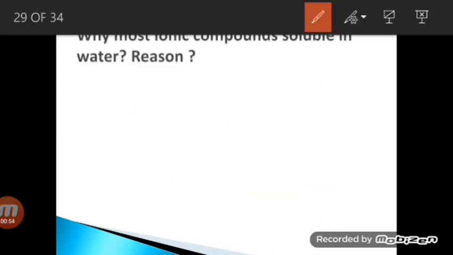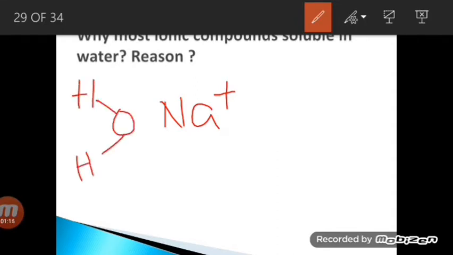What is the reason behind solubility of ionic compounds in water only? Actually, the water molecules are attracted towards the ions. If we talk about the sodium ion, it will be attracted by the negative part, the oxygen, of the water molecule.